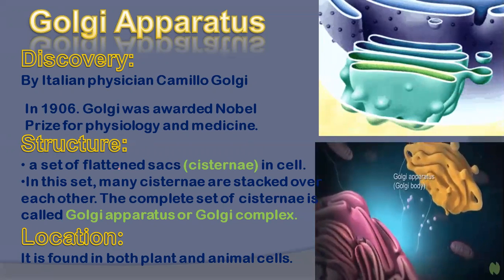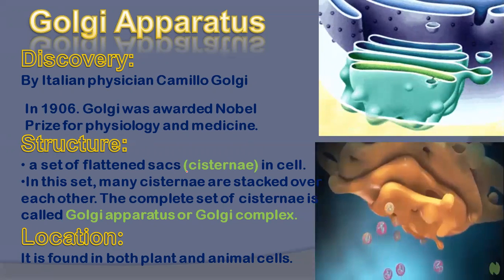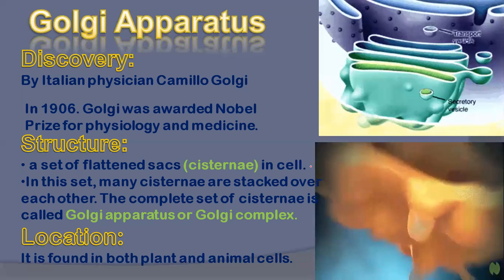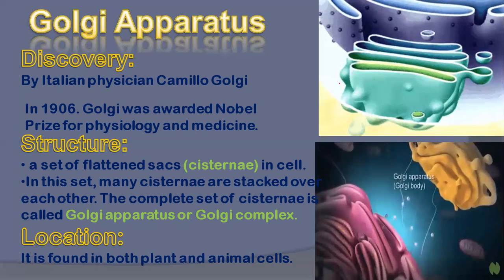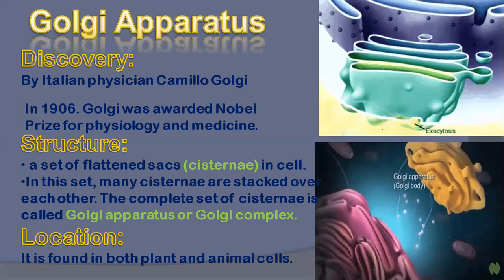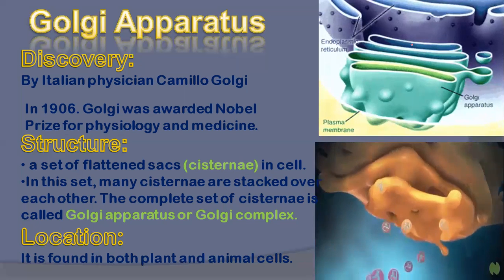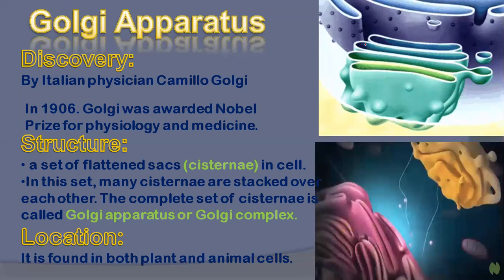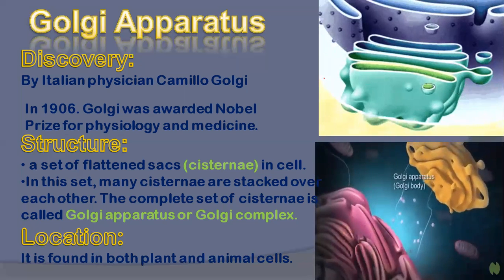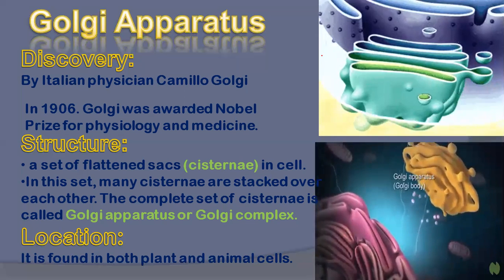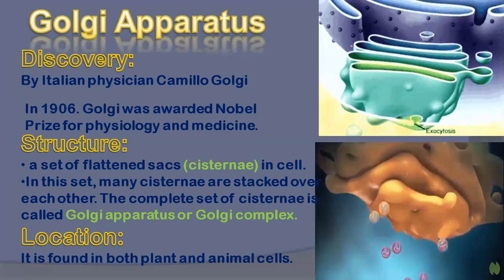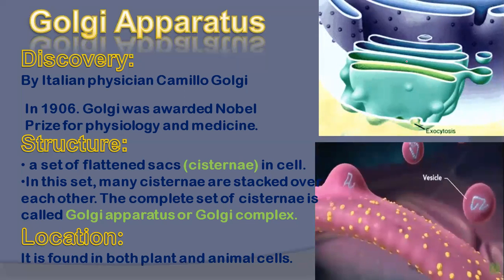So if you see the set of flattened sacs, those sacs are called cisternae. This is the Golgi apparatus, or the complete thing is called the Golgi complex or Golgi bodies. If you have seen in chloroplast, there are also rounded, flattened sacs, but they are smaller. These are some larger flattened sacs.